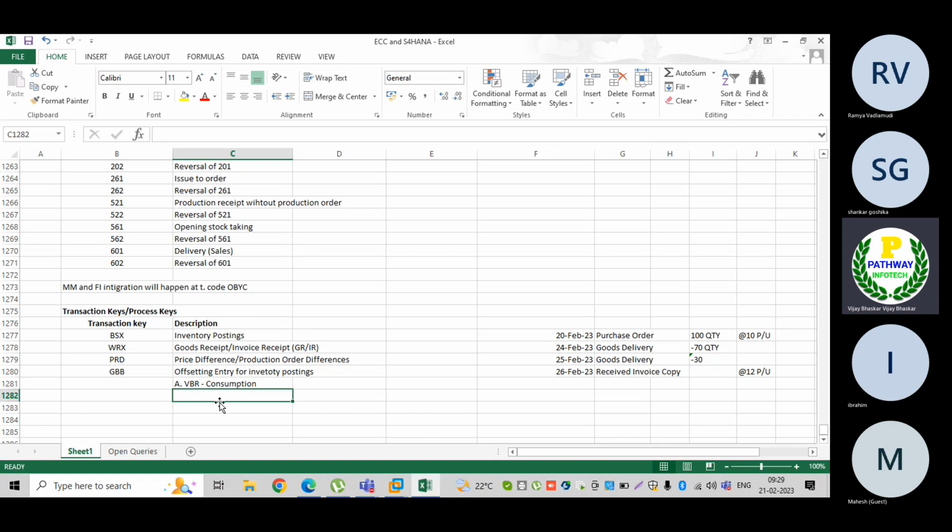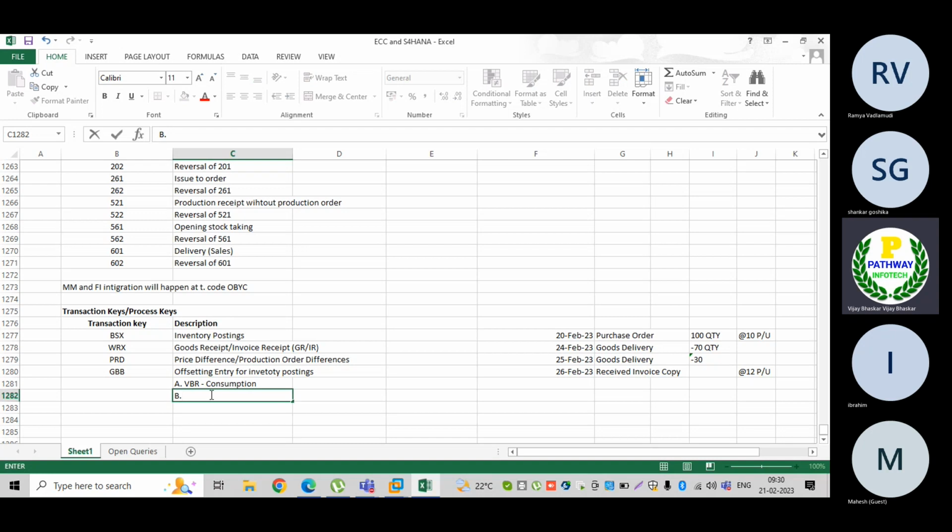Each and every movement you need to record, then only the system will give the proper results. If you have 100 quantity and you have consumed 10, your next available quantity would be 90. If you do not record all these transactions, the system will not show you the proper output. So VBR is the consumption.